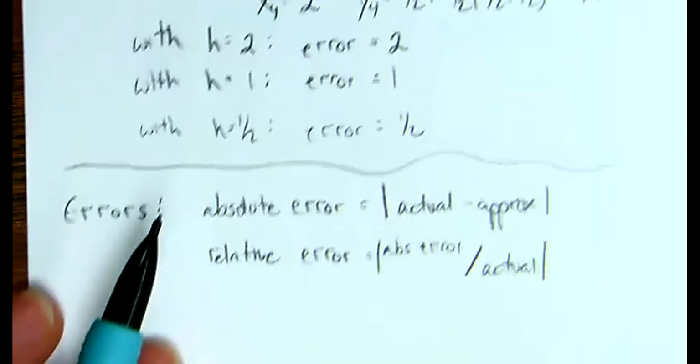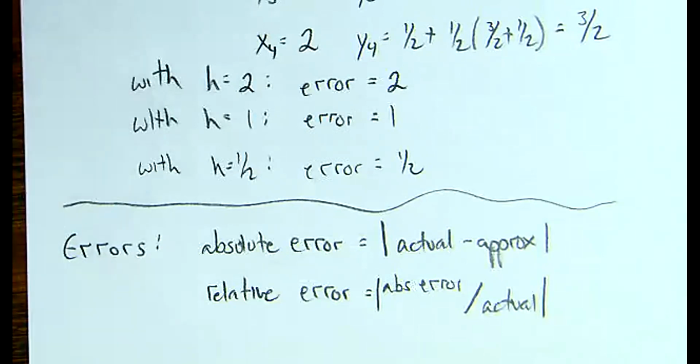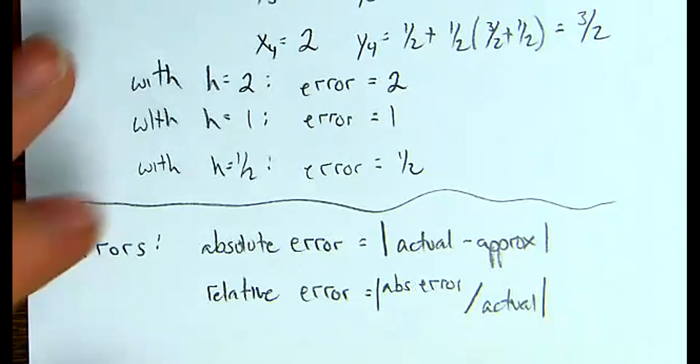And if the trick to getting a better approximation is just to use more steps, obviously I would want to use as many steps as I can. Sure, I could do 4 steps, but why would I do 4 steps when I could do 400 steps? And why would I do 400 steps when I can do 4,000 steps?